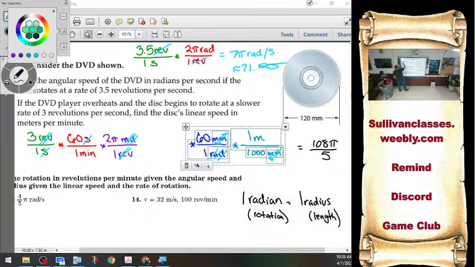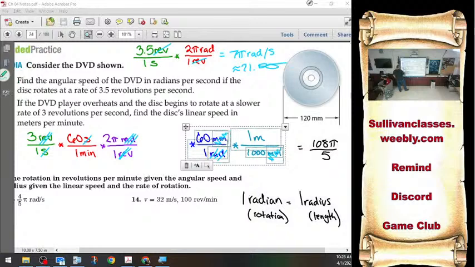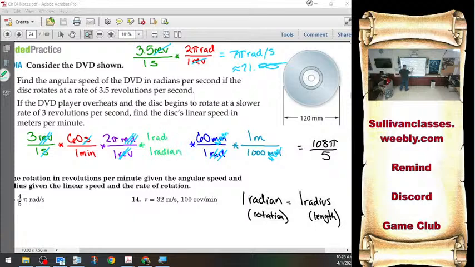Some kids do not like this unless in between I put 1 radian is 1 radius. Would that make more sense?